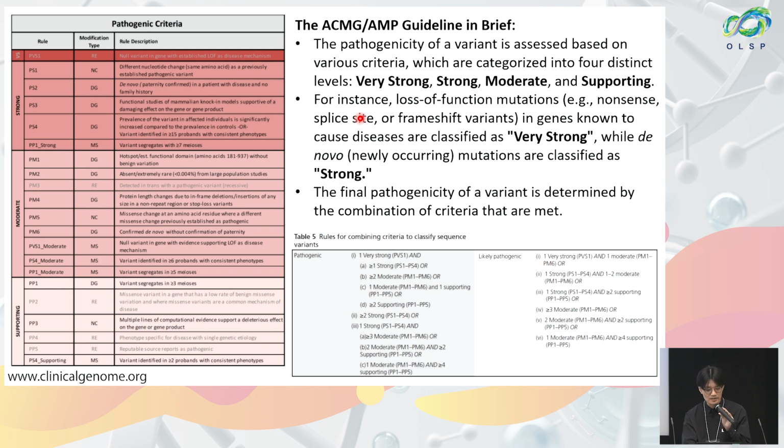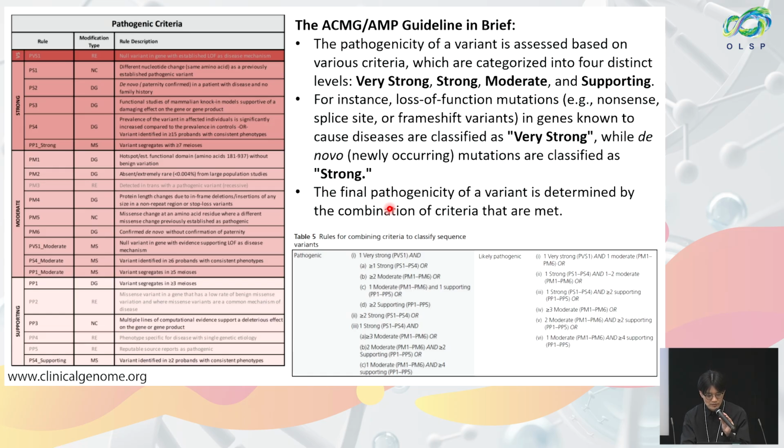For instance, loss of function mutations, including nonsense, splice site, or frame shift variants, which are expected to totally disrupt the gene function in genes known to cause diseases, are classified as very strong, the strongest one, while de novo, newly occurring mutations are classified as strong.